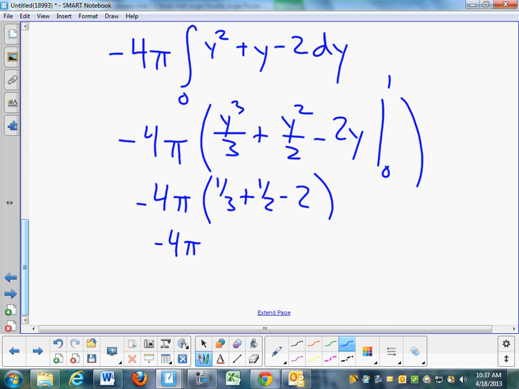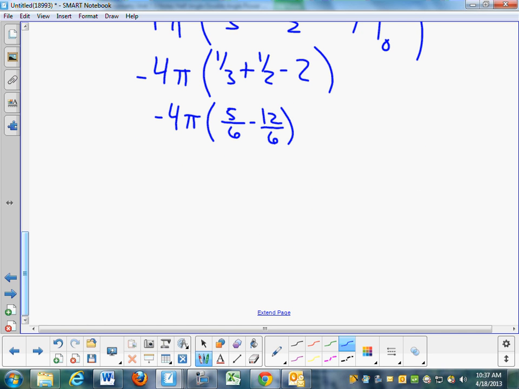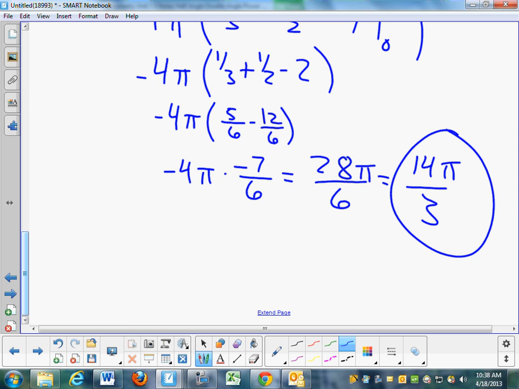Or negative 4 pi times 1/3 plus 1/2 is 5/6 minus 12/6. 5/6 minus 12/6 is... Got to reduce. It doesn't matter.